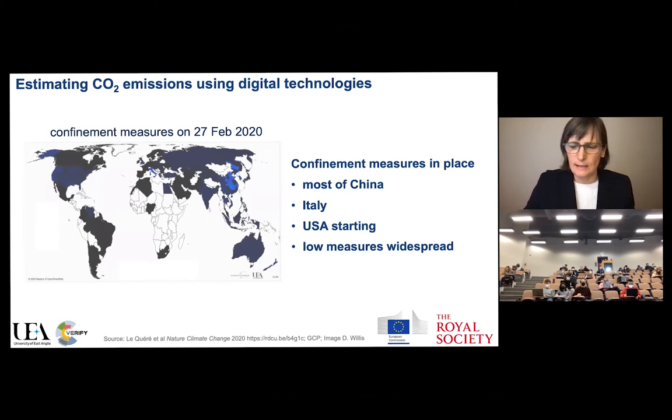He said, look, we have all these confinement measures starting to be in place. At that time it was most of China, Italy, and it was starting in the US. You see the pale blue there on that map, and no measures widespread. And the question to me was, is that going to have an impact on CO2 emissions?